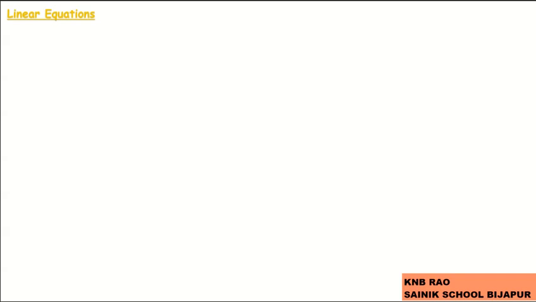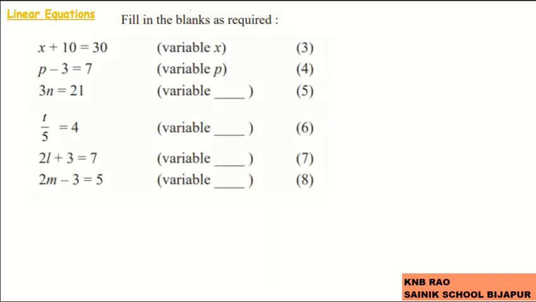Now, coming to some other exercise work we shall do. Fill in the blanks as required. Here I am giving you x plus 10 equals 30. Here the variable is x. P minus 3 equals 7. The variable is p. Now, similarly identify the variables in the 5th, 6th, 7th, 8th equations.